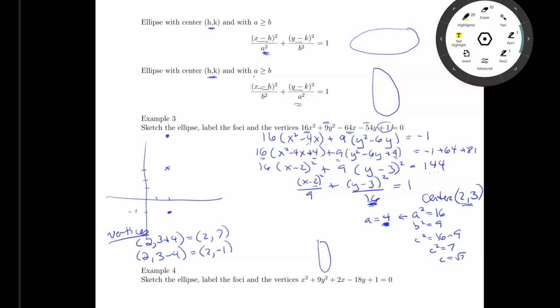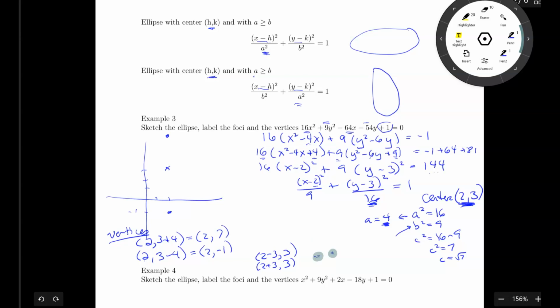If I was to find the sideways vertices, the sides of the ellipse, I would take this value b of 3 and this center (2, 3), so I would take 2 minus 3 and 2 plus 3 with a y value of 3.